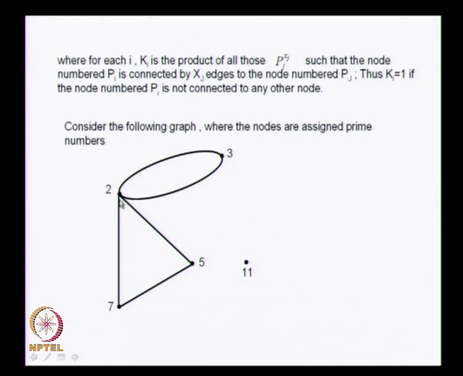For example, here we have 2, 3, 5, 7 and so on, and we will have the corresponding Gödel number. Now, when Pj is raised to Kj, Kj is the product of all these numbers. What is Kj? Kj is 1 if and only if the node Pj is not connected to any other node. Consider the following graph where the nodes are assigned prime numbers. 2 is connected to 3 by 2 edges, 2 is connected to 5 by 1 edge, 2 is connected to 7 by 1 edge.